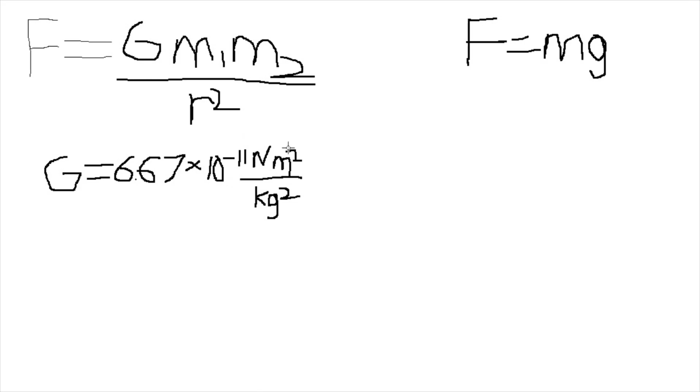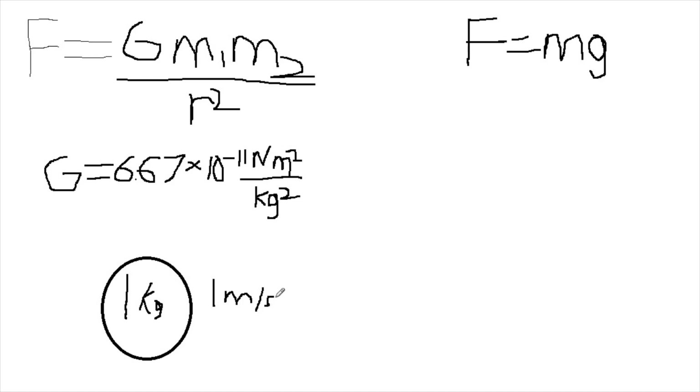I won't go into too much detail on this because I assume that you know what a Newton is and what acceleration is. But I will go briefly over what the Newton is. The Newton is enough force to accelerate a 1 kilogram object at 1 meter per second squared.